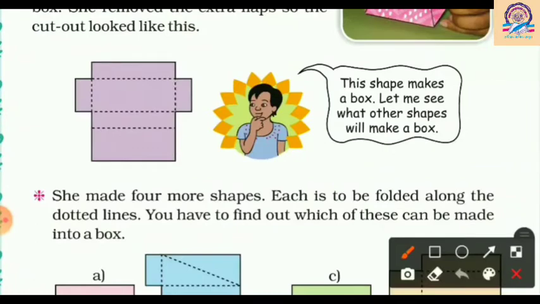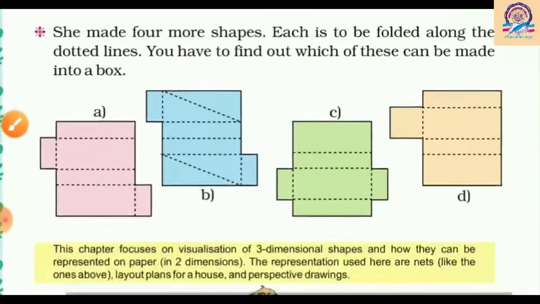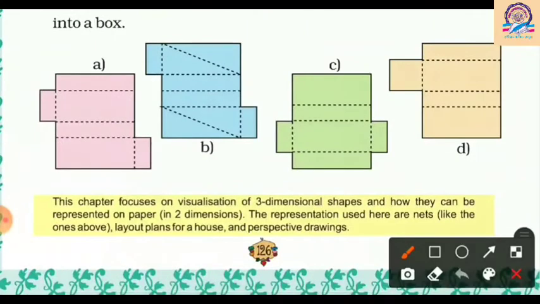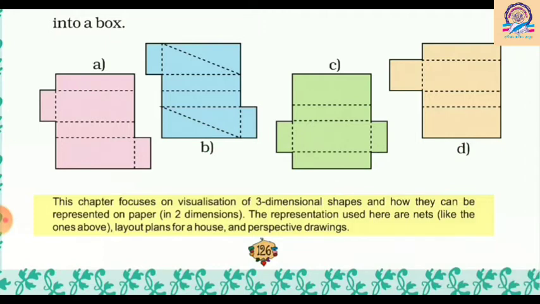As we already know, a box has 6 faces when it is unfolded. So we have to find out which of these has 6 faces and all the faces should be rectangles. We start with A and count the faces of each paper cutout.